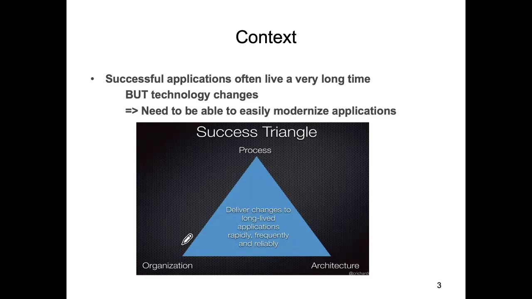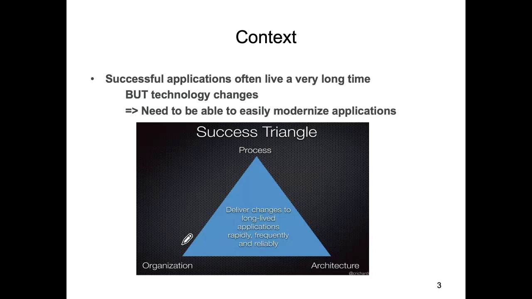The point being made here, though, is that successful applications are ones that live for a long time. Now, what's a long time? I guess maybe 10, 15 years would be a good payback for any piece of software that an organization might buy from a software house. So the longer a software application is still considered successful by its customer, that's obviously better from the software house's point of view.